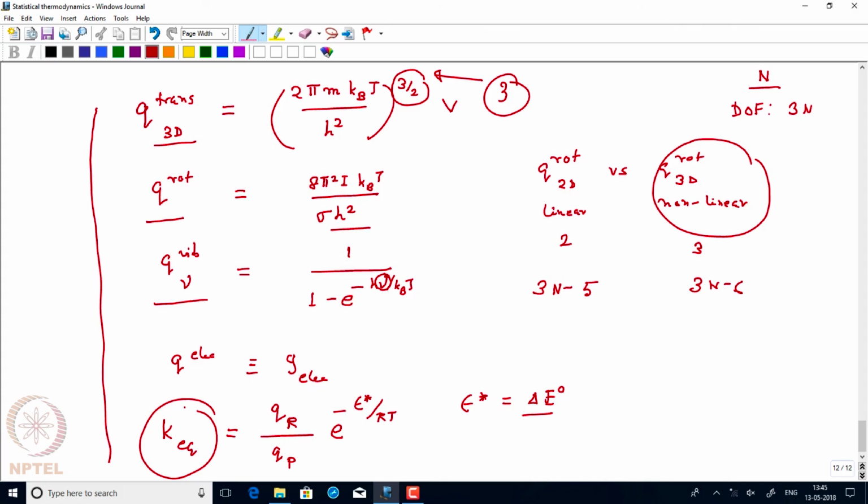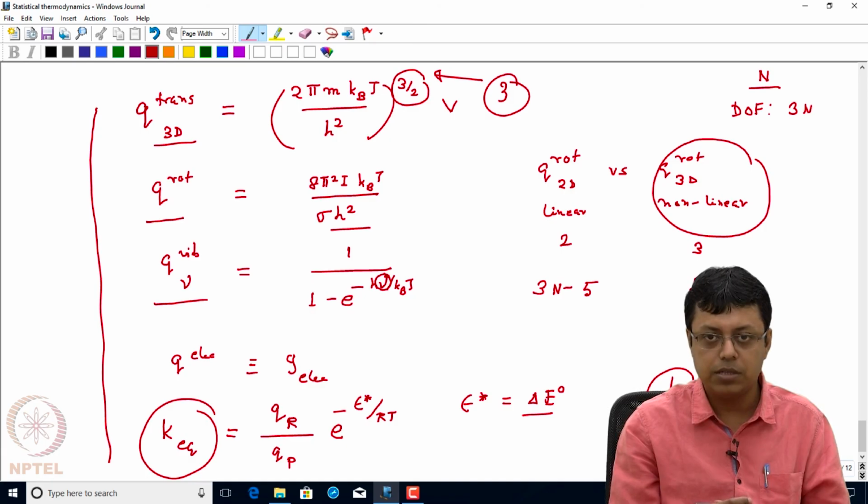We'll cleverly introduce the same concept there, calculate the partition functions, and see how one can calculate a rate constant from thermodynamic parameters, which are time independent parameters. It is a very interesting theory called transition state theory. We will be talking about it in detail later. All right, thank you.